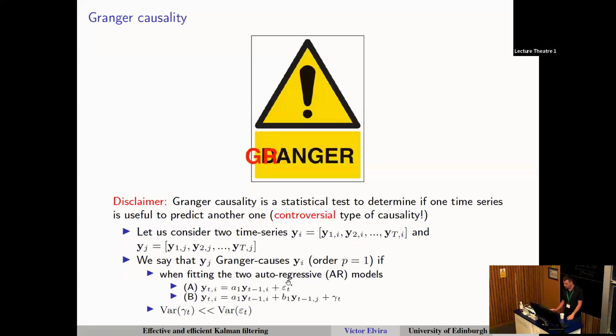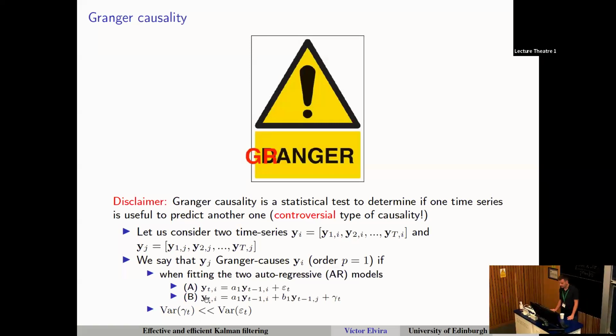One model. And a second, alternative model is that the observation at time t for the time series i depends on its past, but also depends on the past of the time series j, the second. If you do a very good job in predicting this observation, you see, it's the same model, but now you're using the past of the other time series.